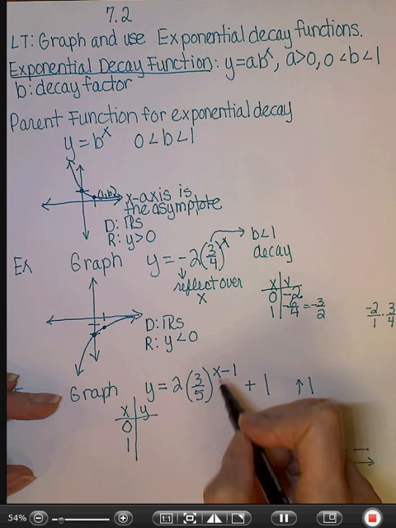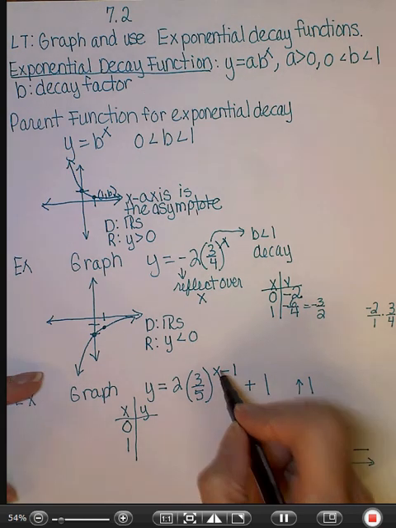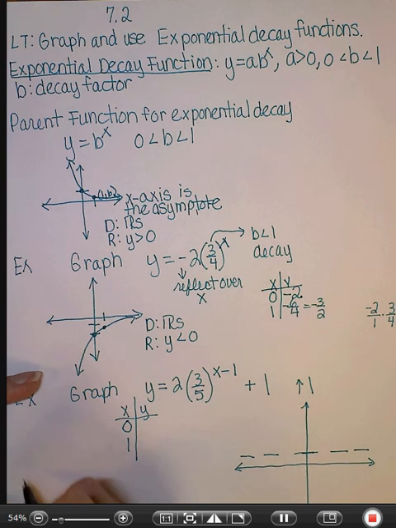If I plug in 0 here, I would get 2 times 3/5 raised to the negative 1, plus 1 on the outside here. Remember that when I raise a fraction to a negative exponent, I have to do the reciprocal.